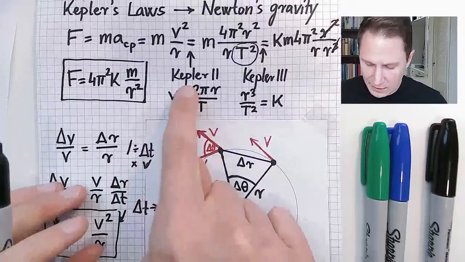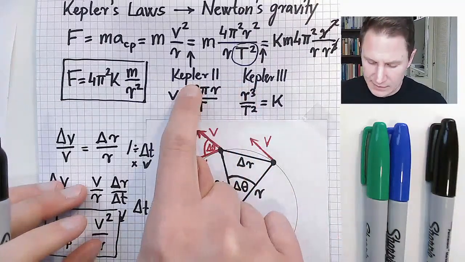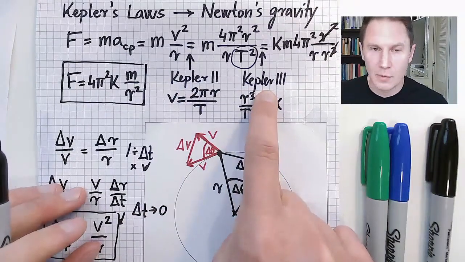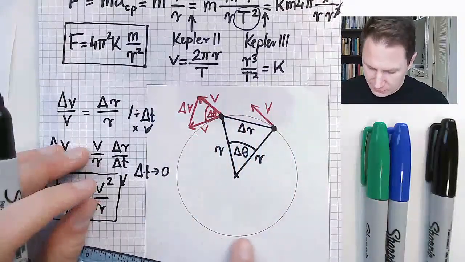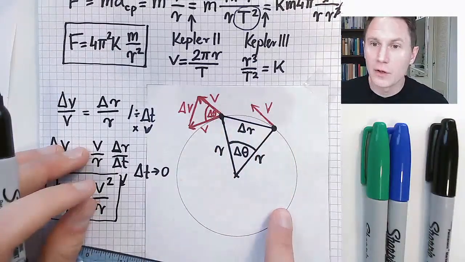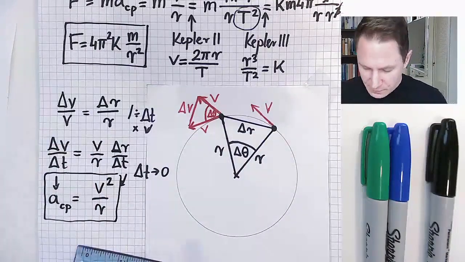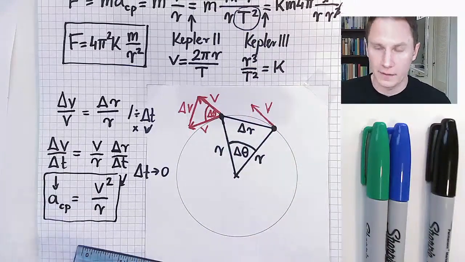And you might be asking, where did I use Kepler's first law? Here I applied Kepler's second law, here I applied Kepler's third law. Where did I apply Kepler's first law? Well, I applied it in the sense that I took a special ellipse, that is the circle, for the orbit of my very special planet.